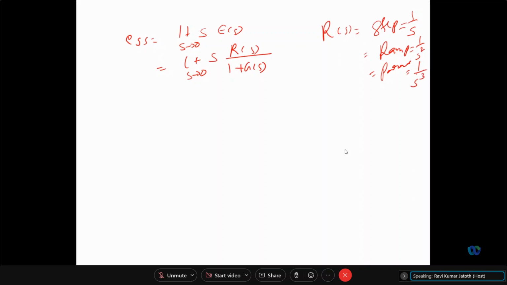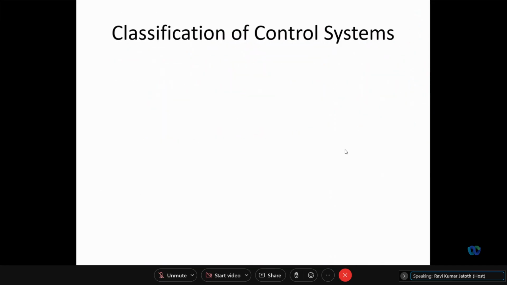Parabolic, 1 by S cube. So the steady state error is going to depend upon the transfer function G of S. Now, if the given transfer function is in time constant form, having 1 plus sTa, 1 plus sTb, and so on up to 1 plus sT, what is the generalized form he has written?